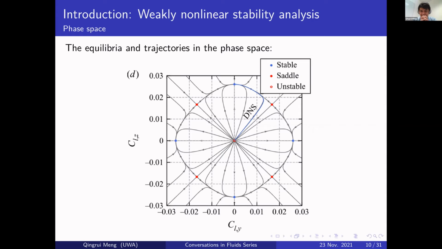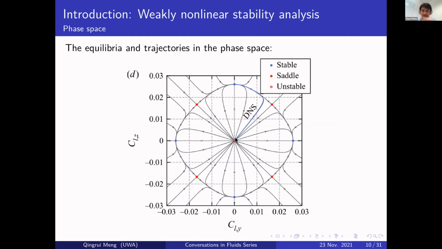So in this case, if we just do some calculation, we will establish the equilibrium and the trajectories in the phase space like this. For that regular transition, we will have an unstable fixed point in the middle of the coordinate.